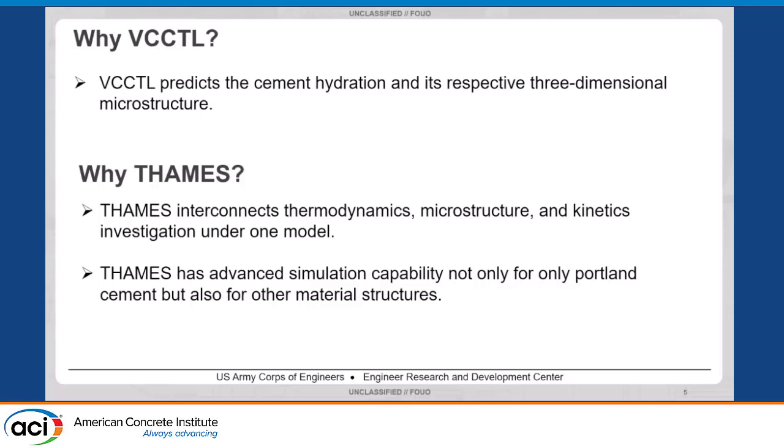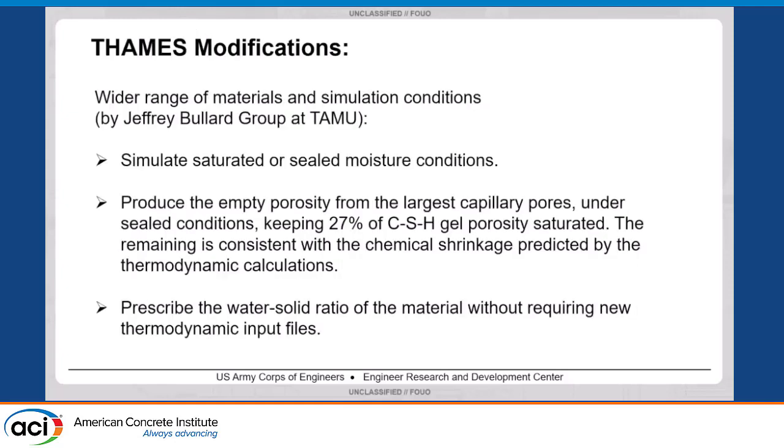It requires a lot more modeling effort, and it requires kinetics data: whatever you want to simulate, you need to get the experimental data first. But with THAMES, we can find out things about other types of cementitious structures, not only Portland cement, but also UHPC, for example. The Army has debated this because its compressive strength is 5 to 10 times higher than regular Portland cement.